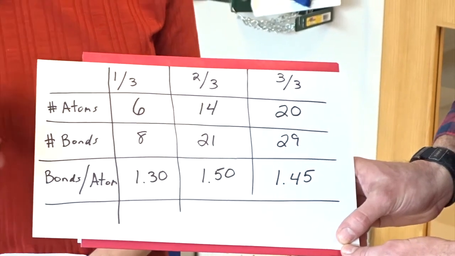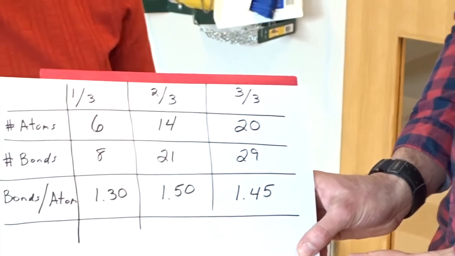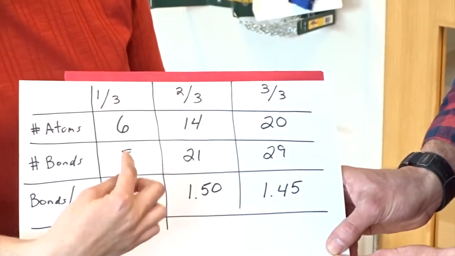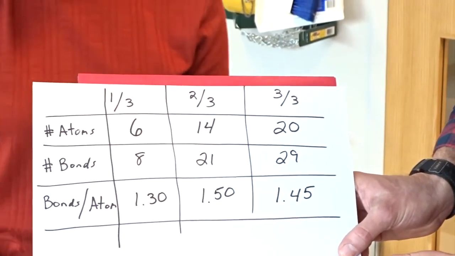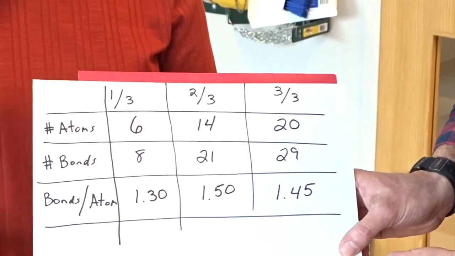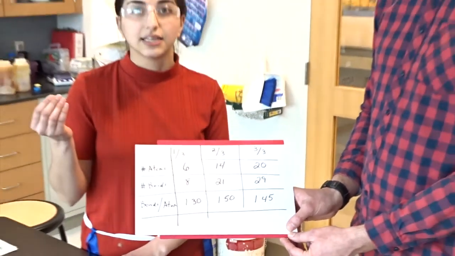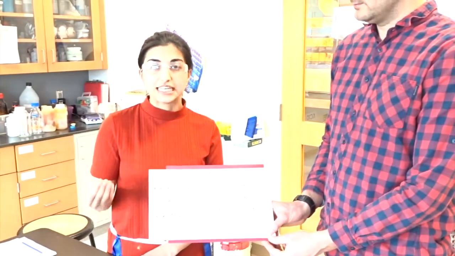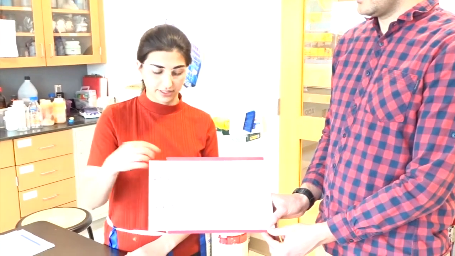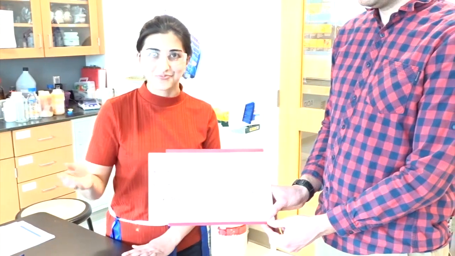So when we did the ratio of bonds per atom, we got the number 1.3, which the students would hopefully realize that this ratio is smaller than the other 2 groups. So this ratio actually demonstrates that as we have less bonds in a smaller group, there is a smaller energy needed for reaction of this small group with a reactant.